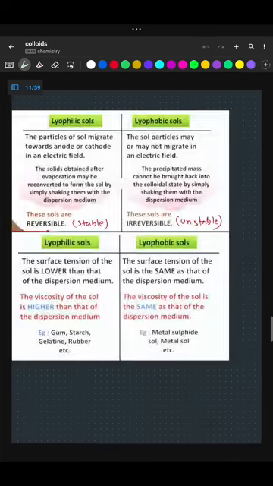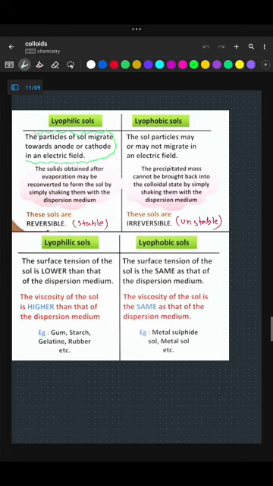After that, the remaining differences between lyophilic and lyophobic colloidal solutions: in lyophilic solutions, the sol particles migrate towards the anode or cathode in an electric field.